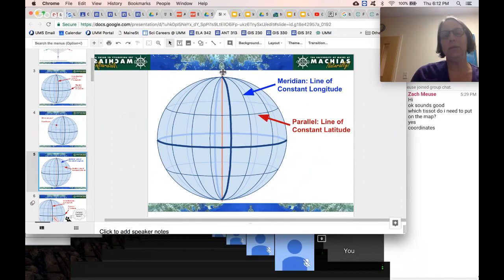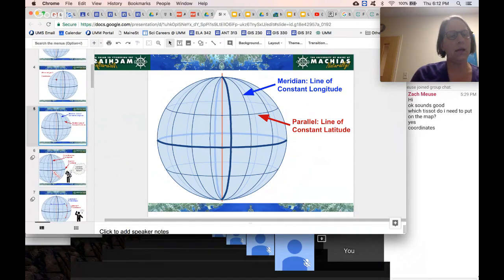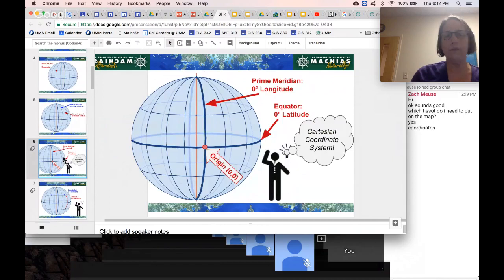All meridians meet at the poles. All parallels never meet because they're parallel. And we have to figure out then how to locate a place on this coordinate system from this origin, the 0, 0 point, right?